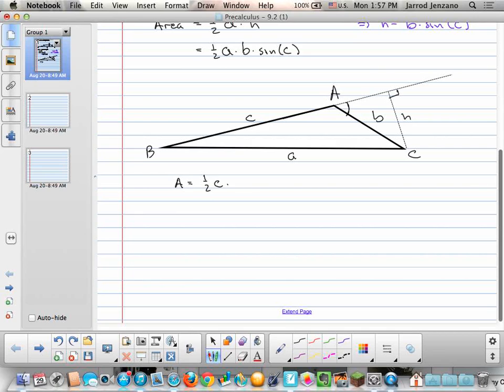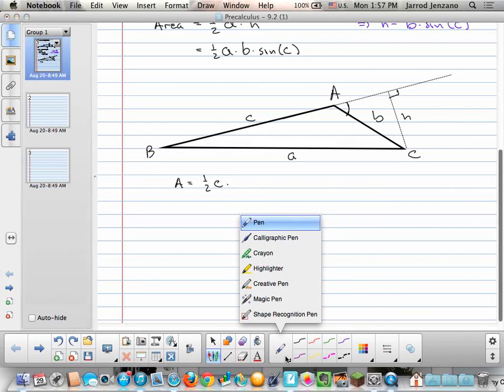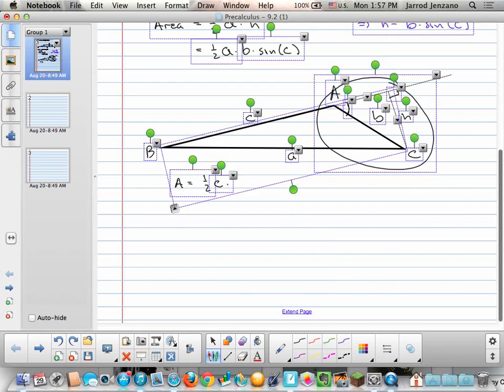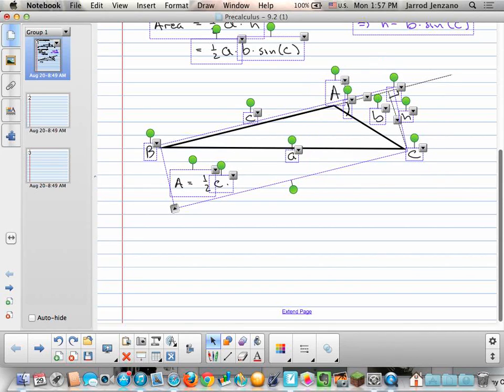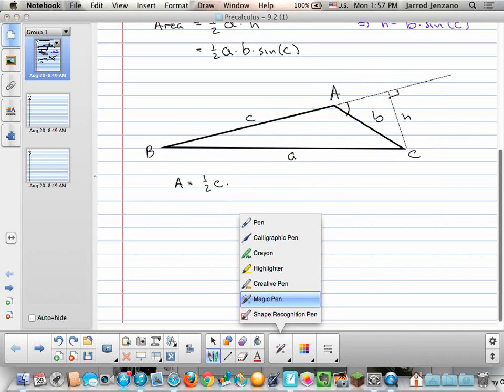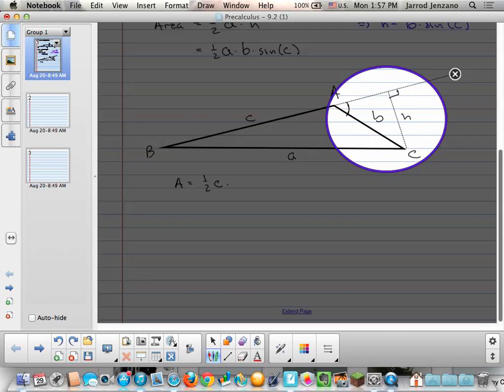Just like we did in the last one, we have a right triangle, this guy.